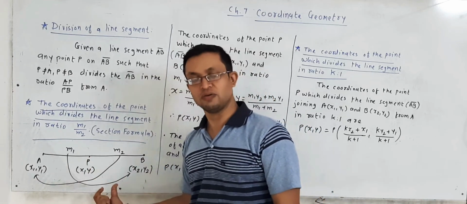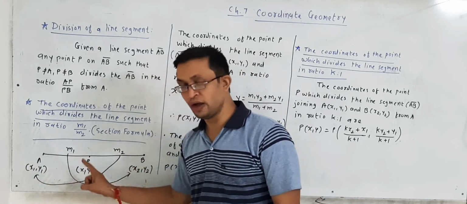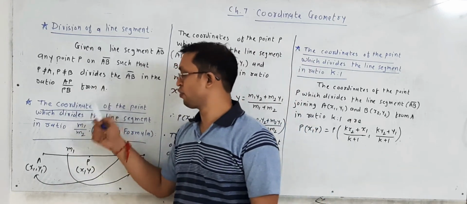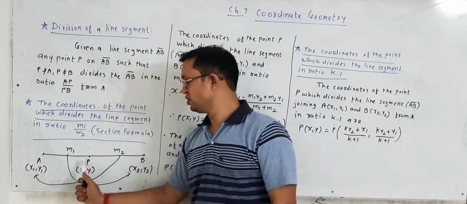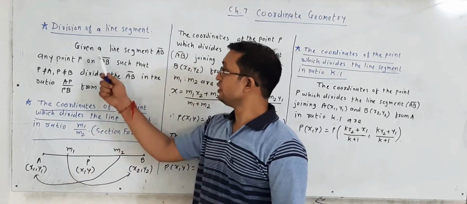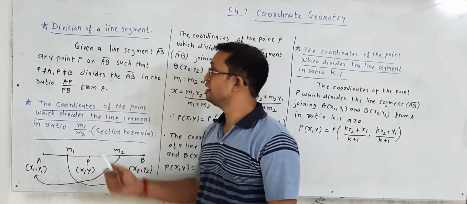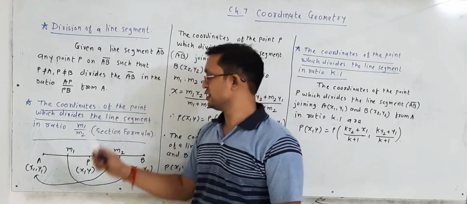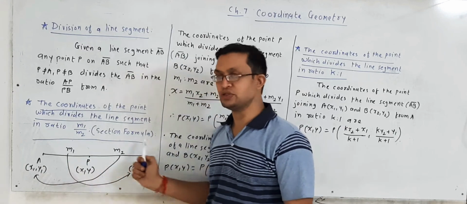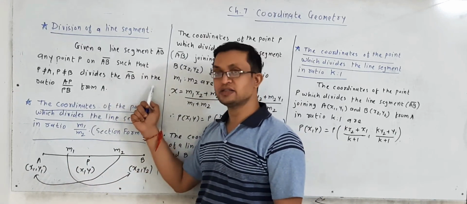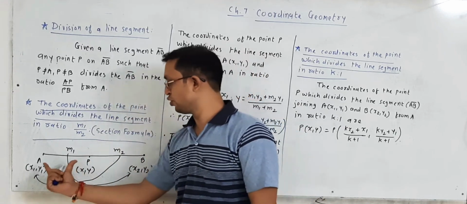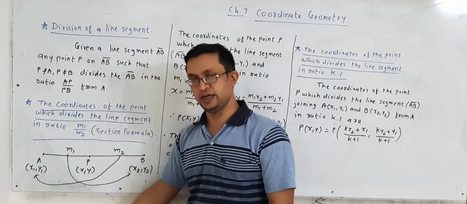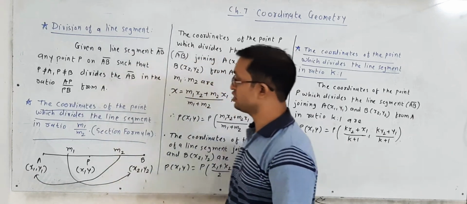Both parts are not equal, and P is not equal to A or B. So a point P on line segment AB divides AB in the ratio AP divided by PB, from point A. Okay.